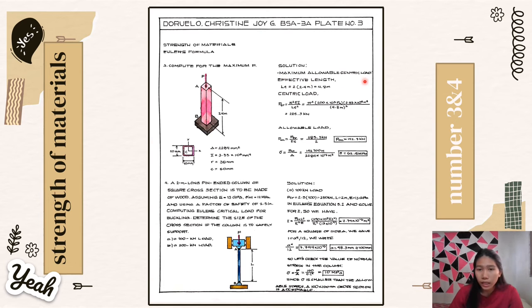Maximum allowable centric load, effective length: Le is equal to 2 times 2.4 meters is equal to 4.8 meters.